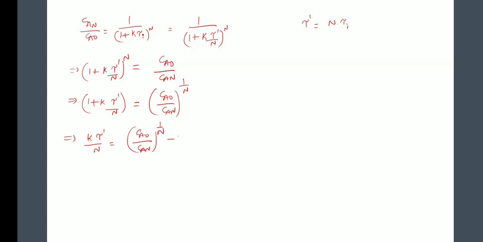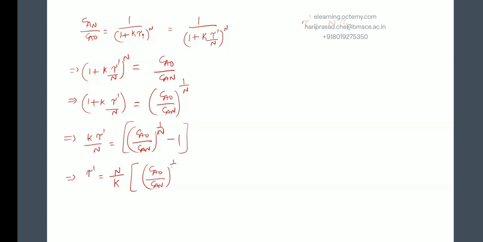This 1 I will bring it to the right hand side. This is one whole expression: CA naught by CAN whole to the power of 1 by n minus 1. So this implies K tau dash is equal to, what is tau dash here? Total time constant for n number of CSTRs. Tau dash is equal to n by k into CA naught by CAN whole to the power of 1 by n minus 1.